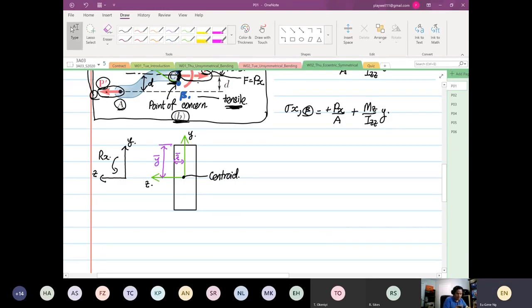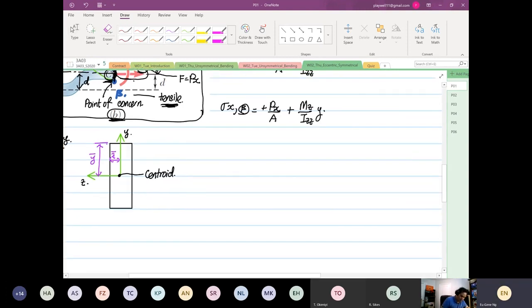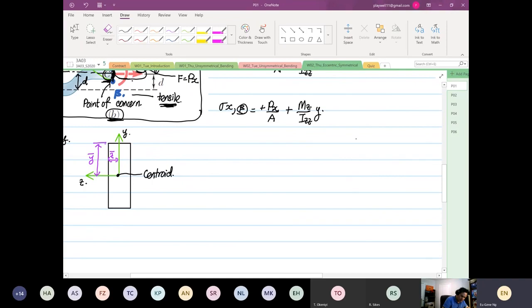Before I go on, what I'm trying to deliver to you is this. It's not necessary that your centroid is equal to your neutral axis. I repeat again, it is not necessary. I'm trying to drive this point that it's not necessary that the centroid is equal to the neutral axis.